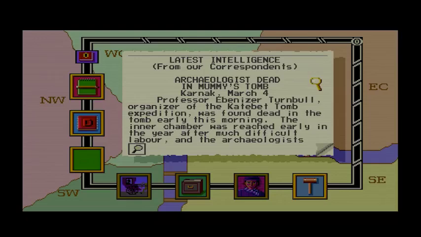Archaeologist dead in mummy's tomb. Karnak, March 4th. Professor Ebenezer Turnbull, organizer of the Catibet tomb expedition, was found dead in the tomb early this morning.